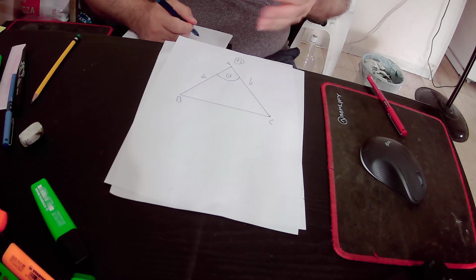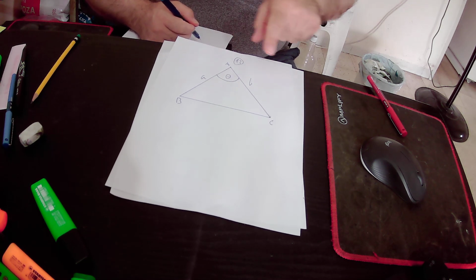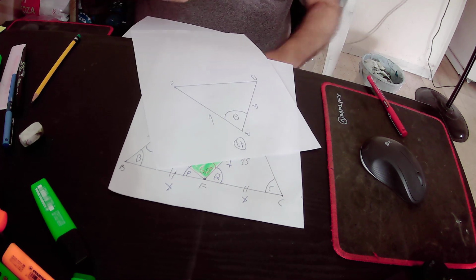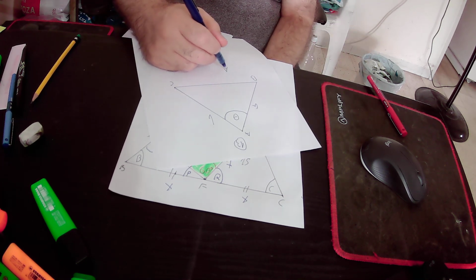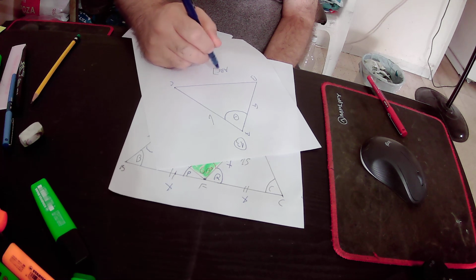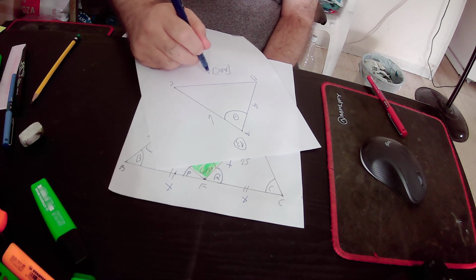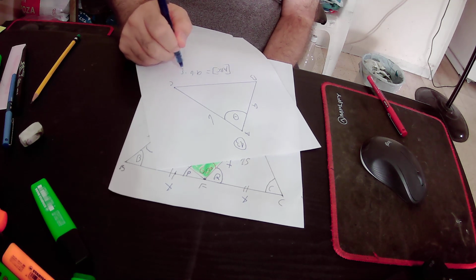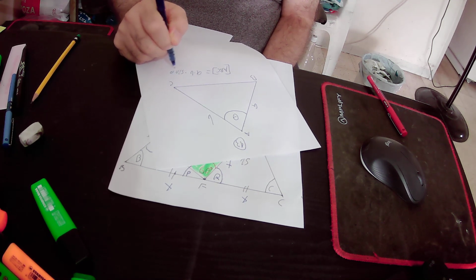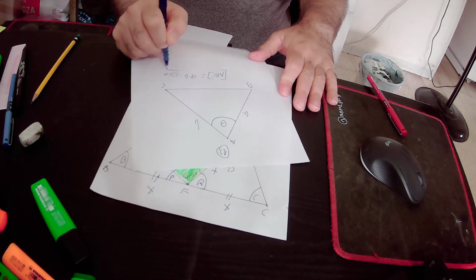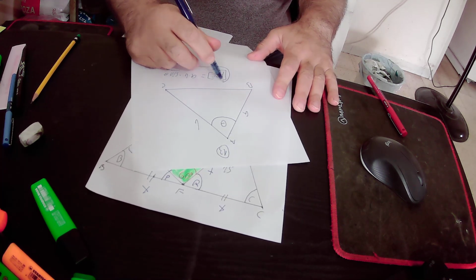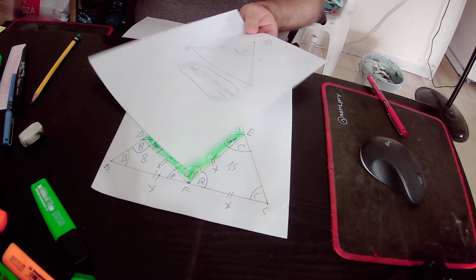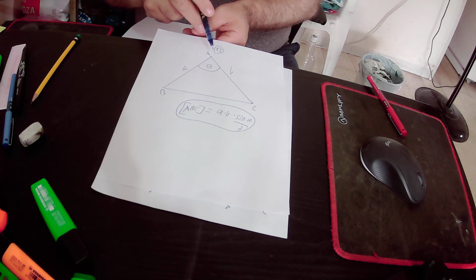Then the area of triangle ABC will be equal to A times B times sine theta over 2. Again, the area of triangle ABC equals A times B times sine theta over 2.